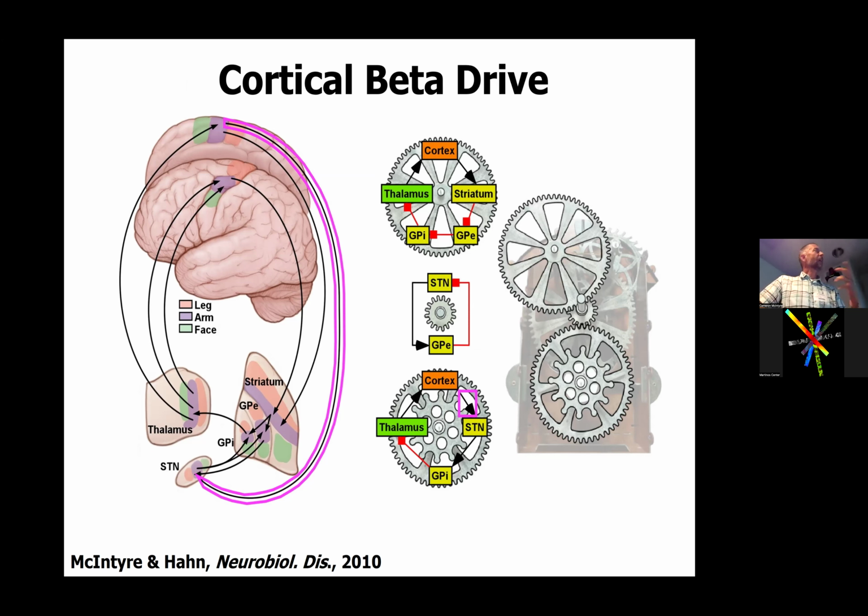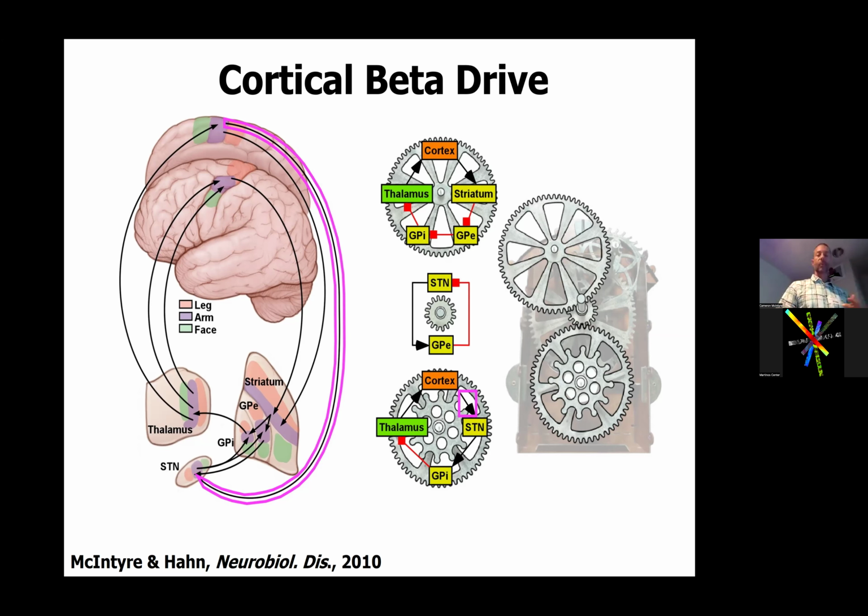And on top of that, people are doing simultaneous recordings up in cortex, seeing that same beta activity. With all these pieces together, they came to the conclusion that there is most likely a strong cortical beta drive coming from these higher inputs and feeding itself into the basal ganglia, maybe primarily through this hyperdirect pathway.